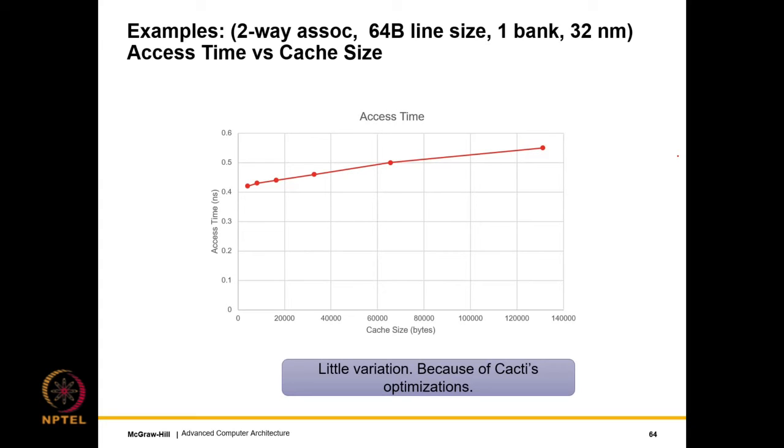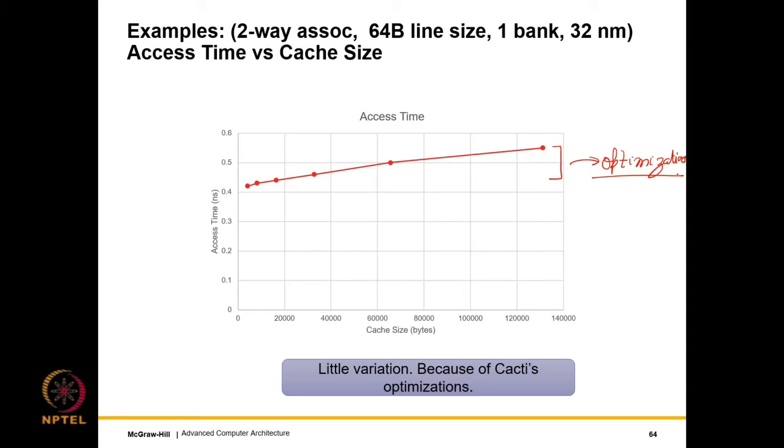As you can see, the access time is not really increasing that much. And that is mainly because of our optimizations, because of the fact that we ultimately end up accessing a small subarray, and the subarray is fast. That is why even if we increase the size, let's say by 64 times, nothing big seems to be happening.